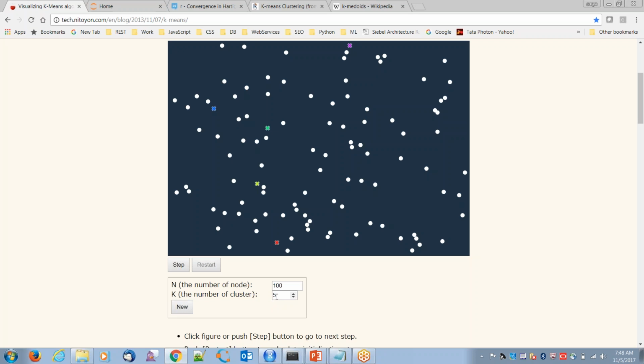So the first step is, as soon as k is supplied to the algorithm, 5 data points are randomly selected. You can see here that this red cross is a data point.